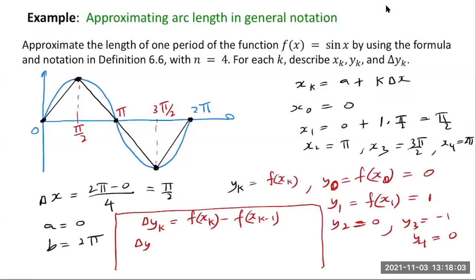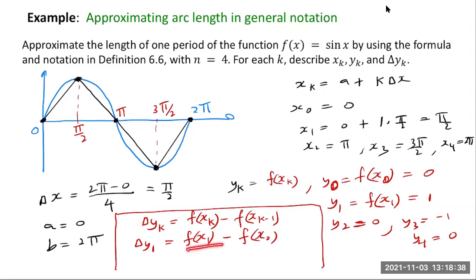Delta y1. Delta y1, k starts at 1, right? Because this is delta y, this is delta y1. This difference, k starts from 1, okay, not from 0. Delta y1 is equal to f of x1 minus f of x0.